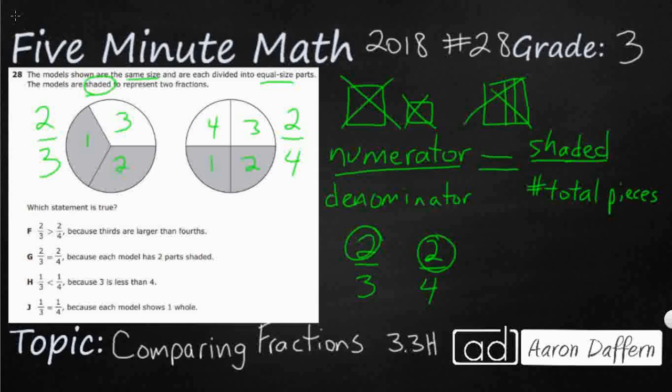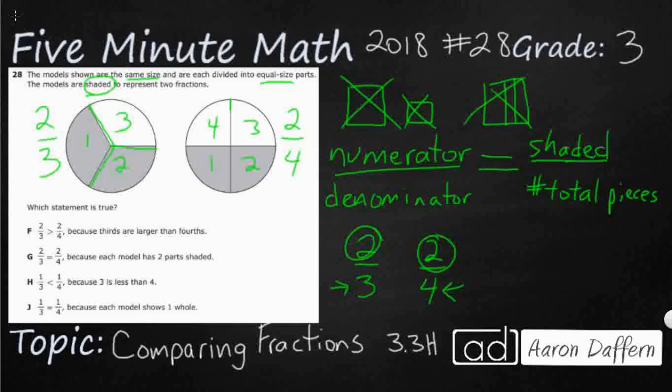So take a look at my thirds. I'm going to take the circle and break it up into 3 parts. You see how each of my parts are kind of big. Those are big chunks. If you ever have a pizza and break it up in thirds, those are not going to be normal size slices. They're going to be pretty big. But if I have 2 pieces and each piece is 1/4 of the circle, I see this second circle over here, it's fourths.